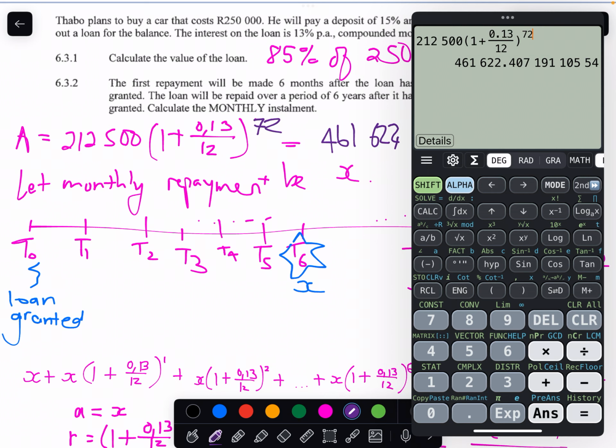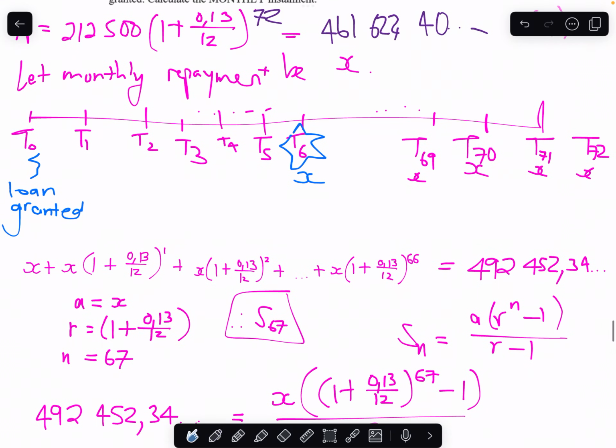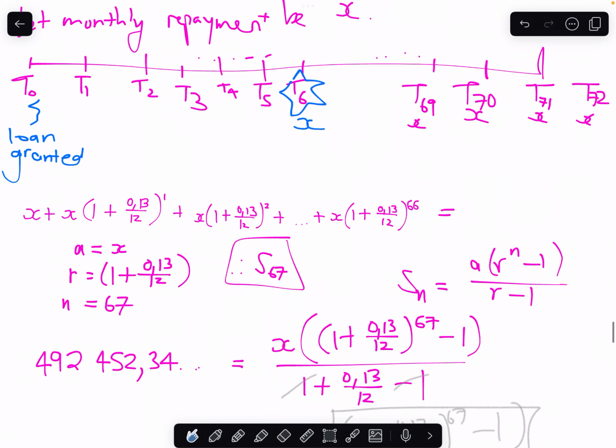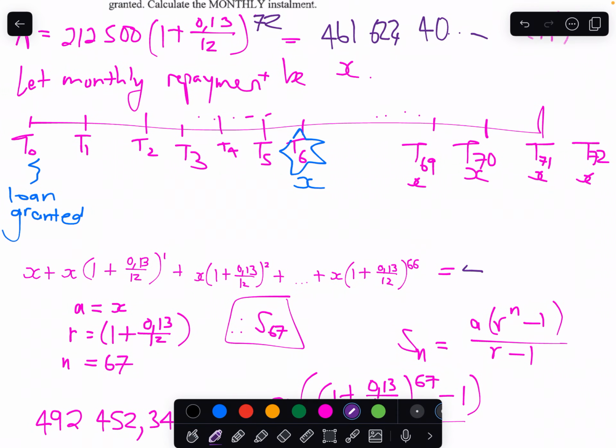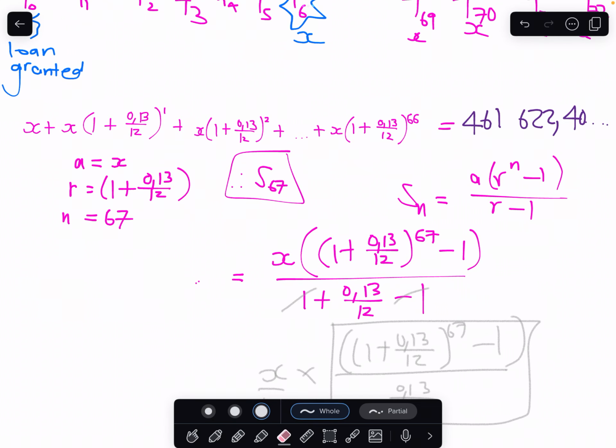Let me store that. So yeah, I think that this is where we have gone wrong, comrades. Then I still stand by the numbers for the geometric series.